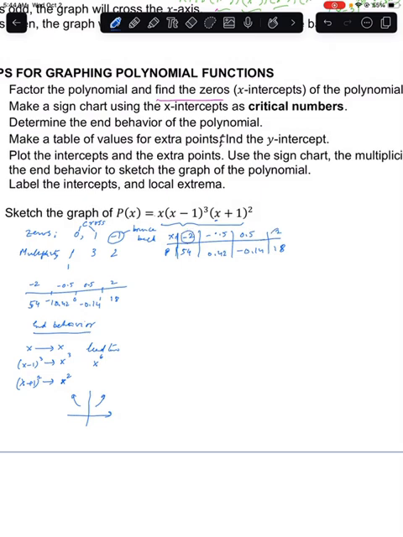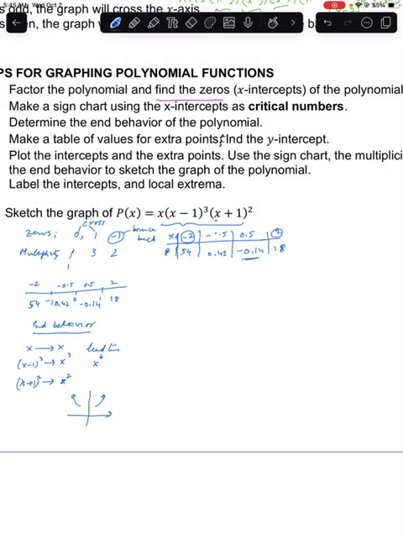For y, the minimum value is -0.14, and the maximum, the one we have is 54, but it can go further because the end behavior shows that it goes up and up and up, so it's infinity. So very little of the graph is showing below the x-axis.